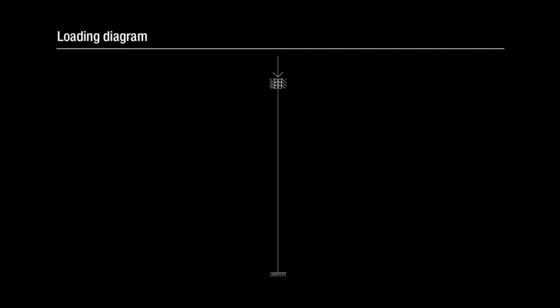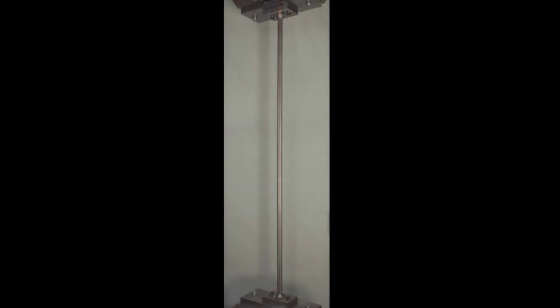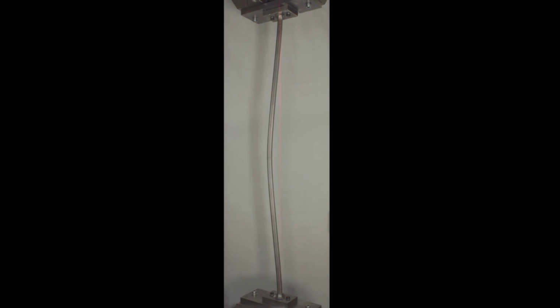The loading diagram shows a compressive force evenly applied to both ends of the specimen. The testing rig is now starting to apply a compressive force to the specimen. We can see the top end displacing and the column begins to deflect sideways as a result of a structural instability, which is better known as buckling. The profile of the column as it buckles is theoretically a full cosine wave.